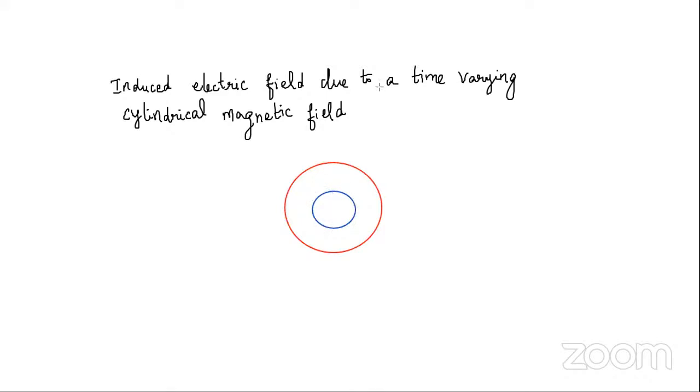This figure shows the cross section of the cylindrical magnetic field with capital R as the radius of the cross section. From here to here the radius is given by capital R. The magnetic field can be shown like this, with these cross marks. This is the magnetic field.